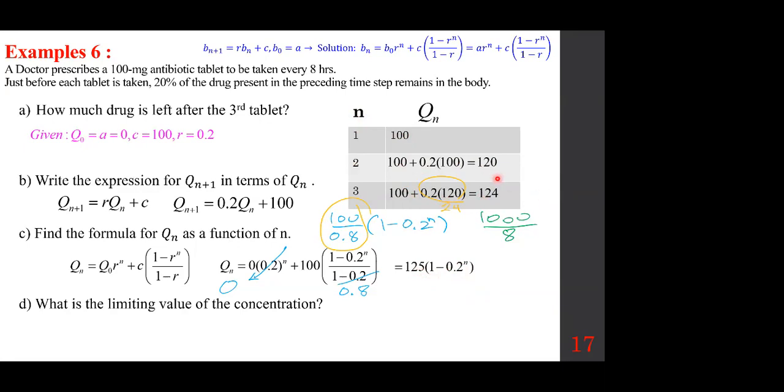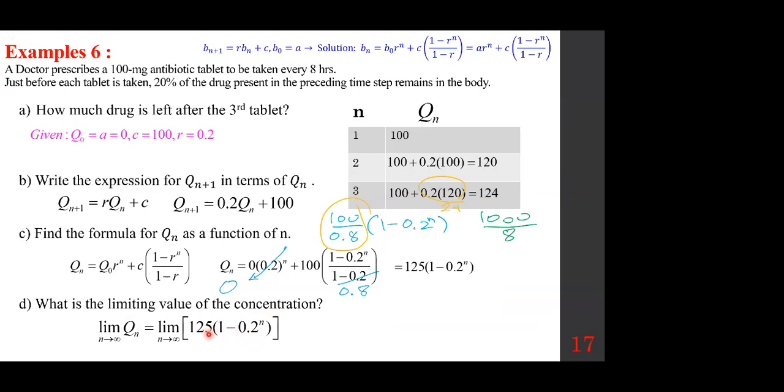Let's find the limit. So we're going to find the limit of Q sub n as n goes to infinity, which is the limit of this expression, everybody. Okay. So what happens next? When n goes to infinity, 0.2 to the power of n goes to 0 because this is between -1 and 1. So 1 minus 0 is 1.